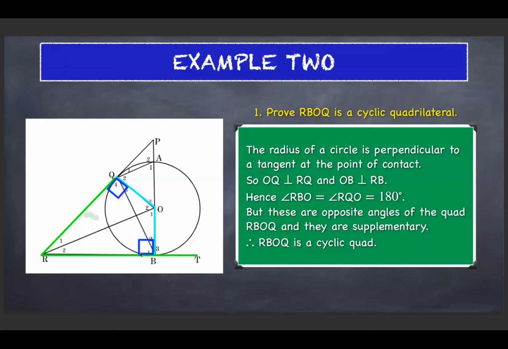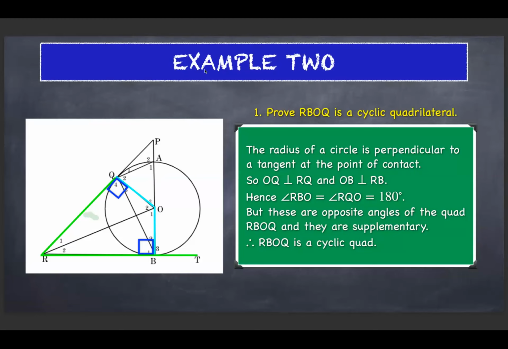Now, we have to prove that RBOQ is a cyclic quadrilateral. Like I mentioned earlier, RBOQ is a quadrilateral. It's a four-pointed shape. How do we make it cyclic? Well, the opposite angles have to be supplementary. And are they supplementary? We've got two right angles. Does that give us a supplementary angle? It does, right? We've got 90 degrees here plus 90 degrees here. Supplementary means that they are equal to 180 degrees, right?